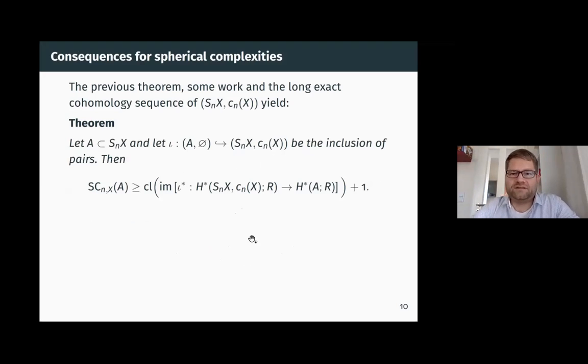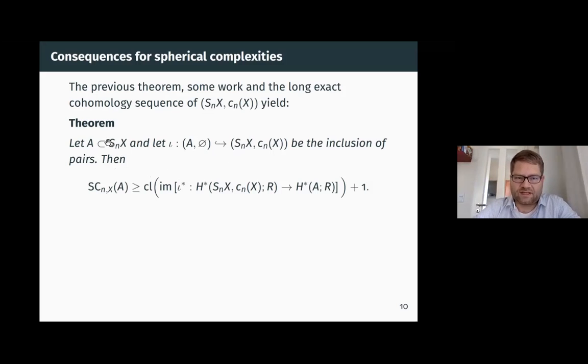And if we apply this in the situation of spherical complexity, you can use this estimate and play along with cohomology a bit. I don't want to go too much into detail, but you basically only need the long exact cohomology sequence of S and X relative to the space of constant spheres, and obtain the following estimate.